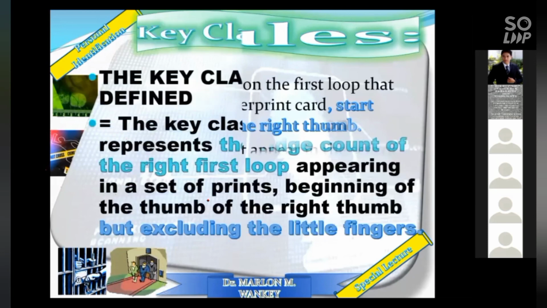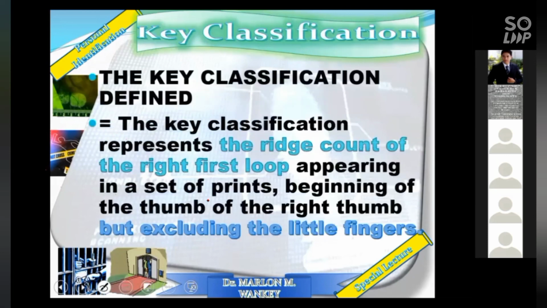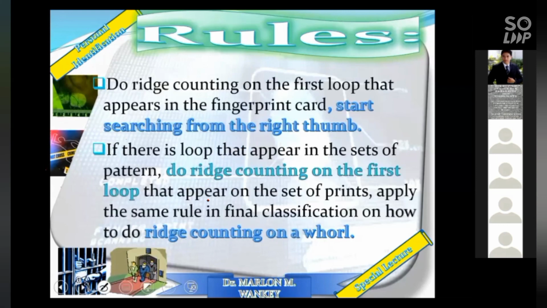Let us now proceed to the key classification. The key classification represents the ridge count of the first loop appearing in a set of prints, beginning with the right thumb, but excluding the little fingers because little fingers are only for the final classification. So do ridge counting on the first loop that appears in the fingerprint card.